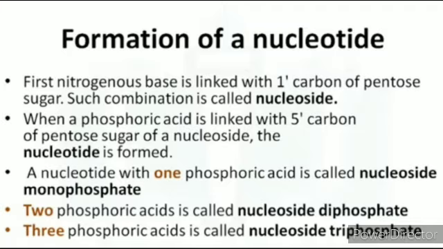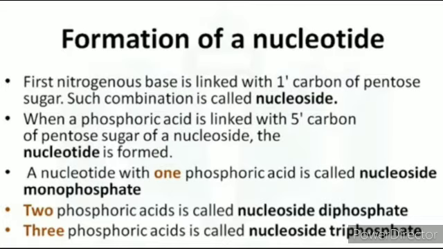Now we'll discuss the nucleotide. Nucleotides are formed from a nucleoside plus phosphoric acid. A nucleotide is formed when a phosphoric acid is linked with the 5-carbon pentose sugar of the nucleoside.